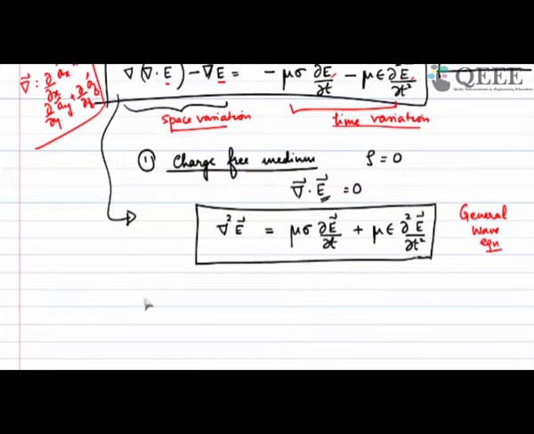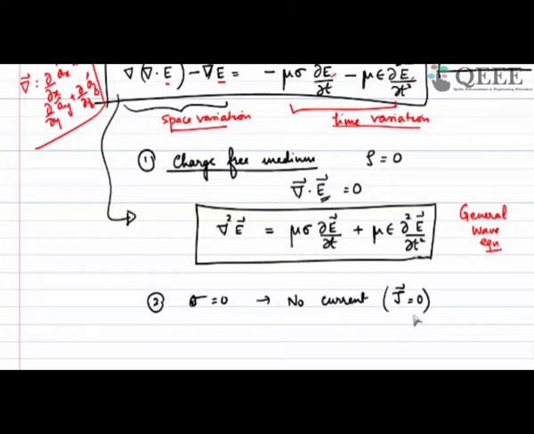Now, I am going to put one more constraint here: the conductivity is 0. Let us say the conductivity is 0, which means no current, which means my J is 0.